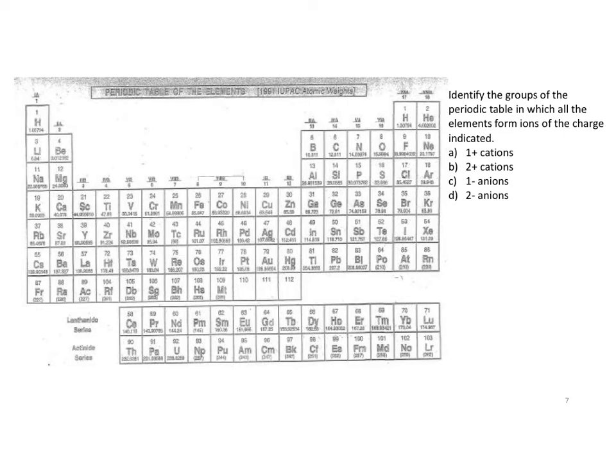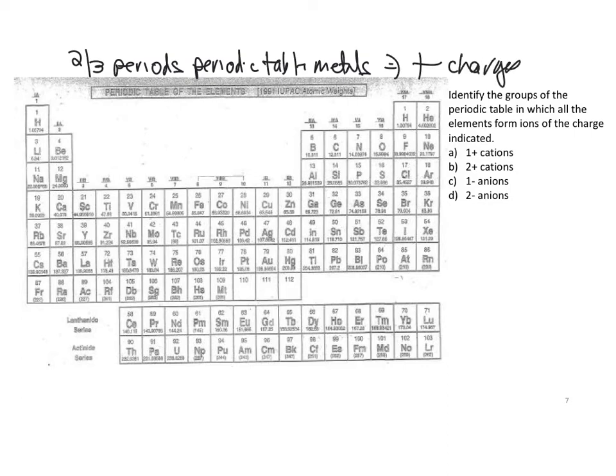Identify the groups of the periodic table in which all the elements form ions of the charges. I told you that two-thirds of your periodic table are metals, and metals form positive charges, because when you form a compound, you've got to get it neutral. That's why compounds form stuff like salt, sodium chloride, which is thermodynamically feasible, table salt.